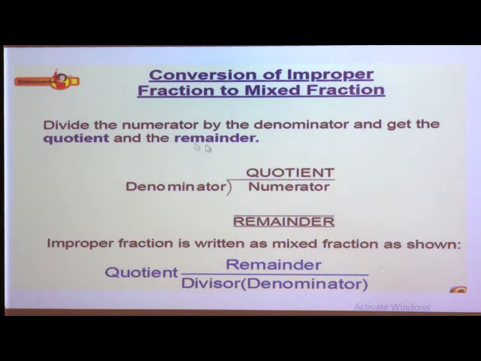Then the improper fraction is written as a mixed fraction as shown: quotient, remainder by divisor. Remember, the quotient is the whole number, and the remainder is divided by the divisor.